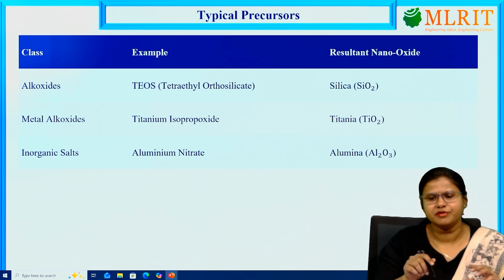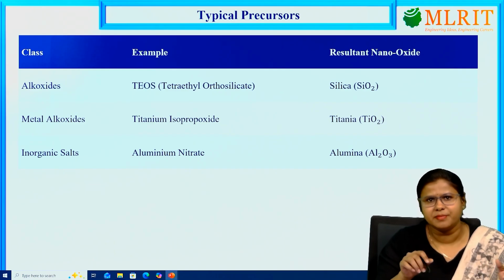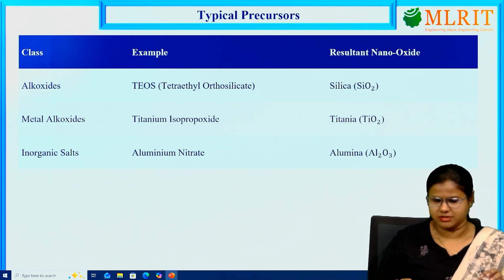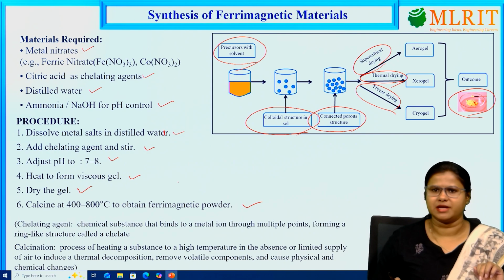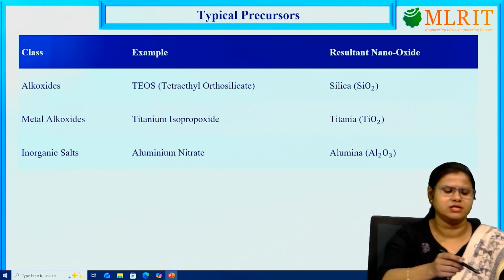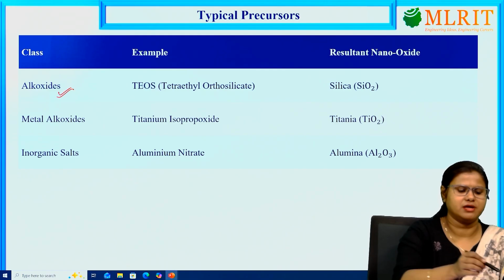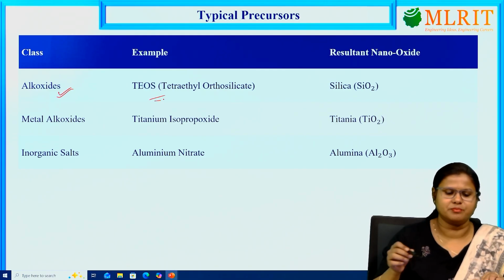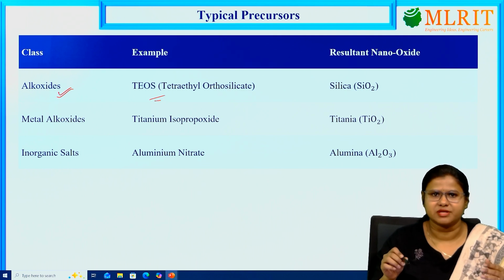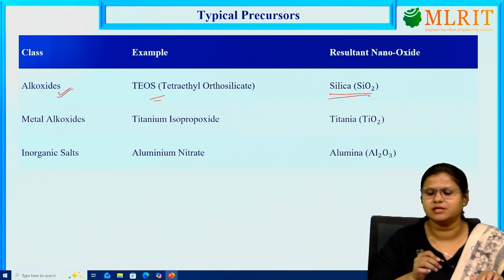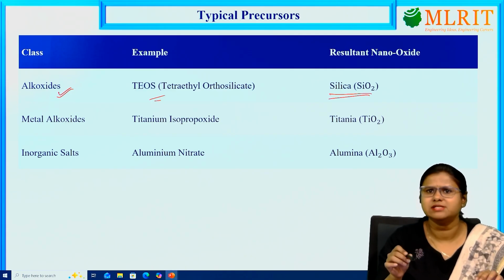And if we consider typical precursors to get nanoparticles, the previous slides were about making ferromagnetic materials, but for other nanomaterials there are a few classes of precursors. Whenever we use an alkoxide as a precursor, a common example is tetraethyl orthosilicate, where the resultant nano oxide is silica.